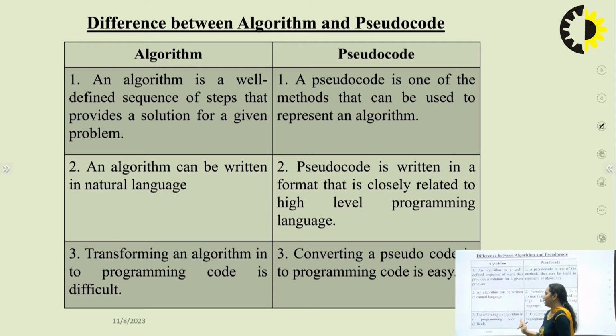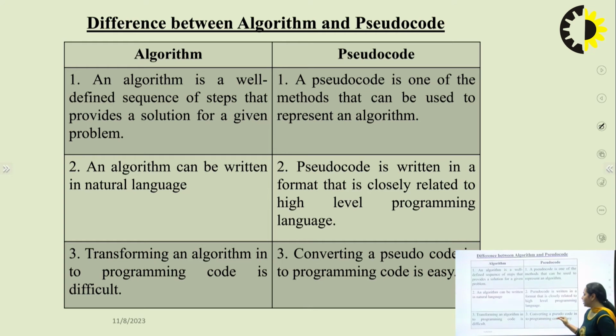Next, transforming an algorithm into programming code is a little bit difficult, but with pseudocode, it is easy. Why? Because an algorithm is totally written in natural language, a language which is understandable by the user. It does not follow any rule or syntax of the program. So it is a little bit difficult to write a program directly from the algorithm.